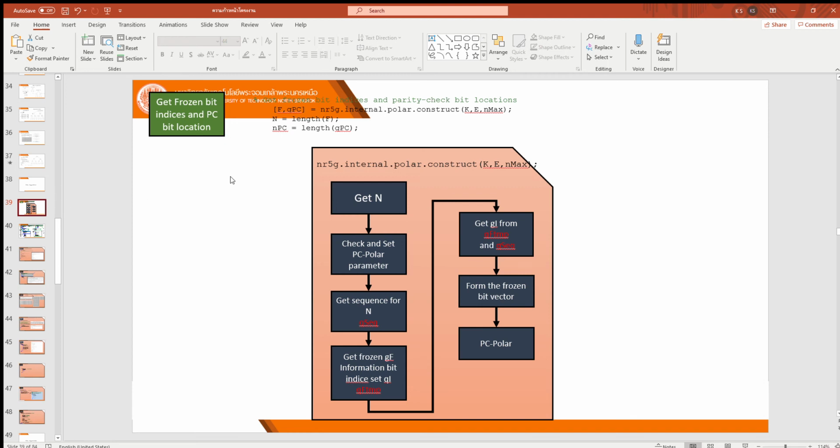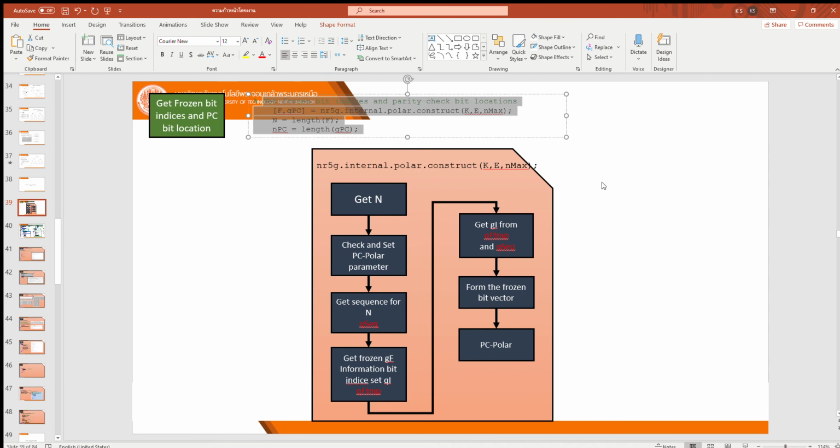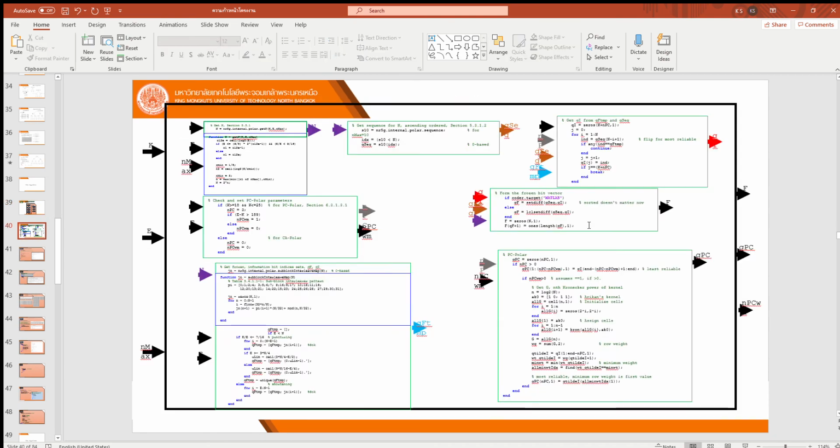You can get N, then check and set PC polar parameters, get the sequence for N, get the frozen bits, the information bit indices set QL, and then get QL from GF, TM, and then the Q sequence, so that you can get the PC polar.